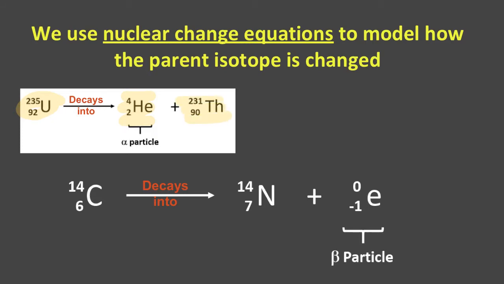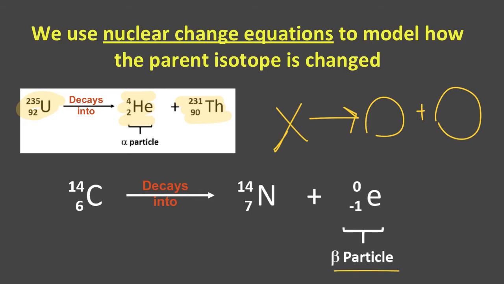All we're going to do is have some sort of parent nuclide, some sort of radioisotope that we're starting with, and model that it's decaying into some particle plus some new isotope. We'll see more of these once we have more information on beta particles, alpha particles, and gamma waves.